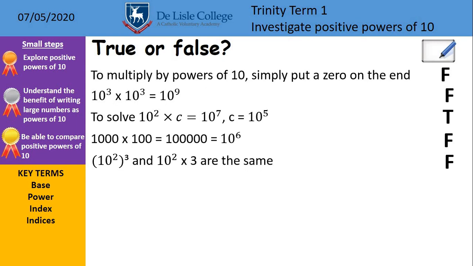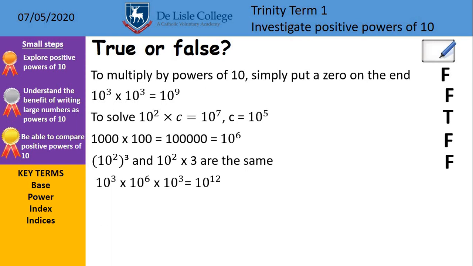You would do the brackets first, so you would do 10 squared first, which is 100, then you would cube it after that, so 100 times 100 times 100, whereas 10 squared times 3, you're doing the indices first, 100 times 3 just gets you to 300, okay? So those are very, very different. You need to be aware that cubing means timesing by itself 3 times, not multiplied by 3.